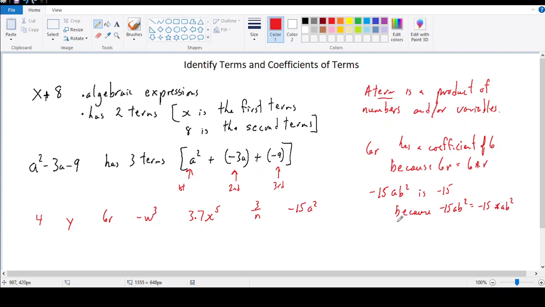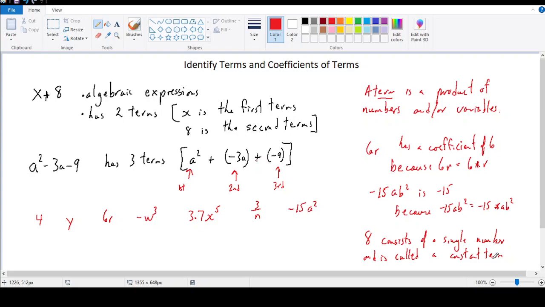So that's what we mean by coefficient. Now, a term that consists of a single number, in this case 8, is called a constant term. That's what that means.